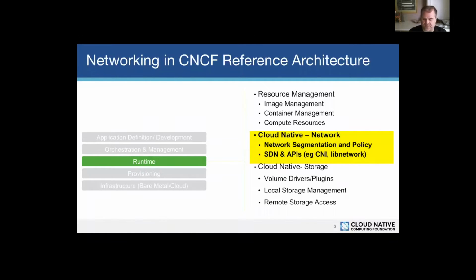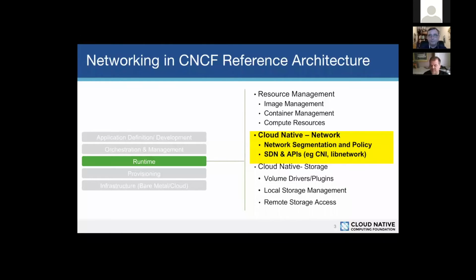First, the actual physical infrastructure: bare metal, networking hardware, storage hardware, etc. Second, the provisioning of that infrastructure and getting it ready to run cloud native tasks and functions on it.